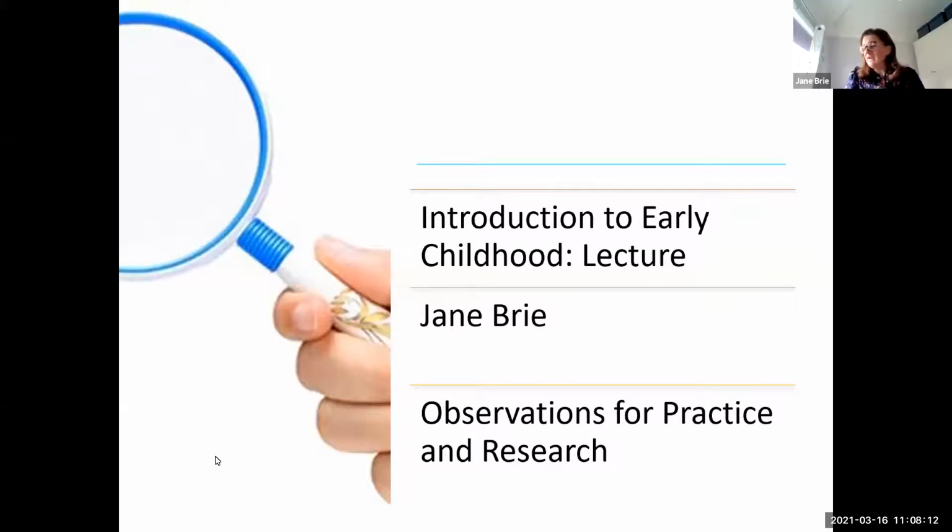There is a chapter as well in the core textbook, which I haven't taken anything for this lecture from, but in your core textbook, Powell and Smith, chapter 17 by Helen Moylett, Observing Children to Improve Practice. So you've got a lovely resource there as well. And don't forget on Leganto, there might be one or two texts that are just focused on observation, but of course you'll find lots of information within those more general books and maybe edited books on early childhood.